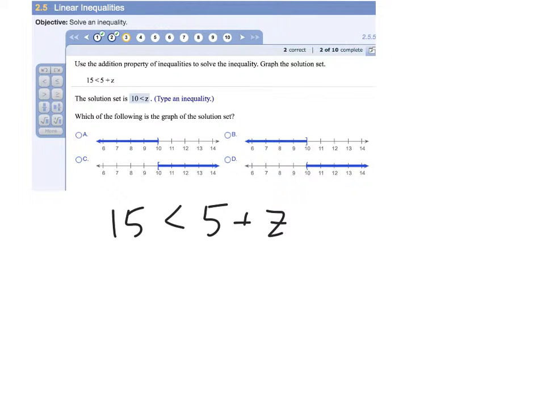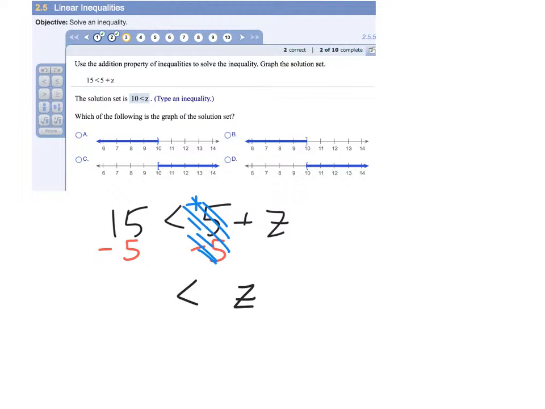And so we're going to solve for that inequality, and we want to get z all by itself. Well, this 5, we need to remember, is a positive 5. So to get rid of it, we're going to subtract 5 by both sides. So positive 5 minus 5, that's 0. So the right side is just z.